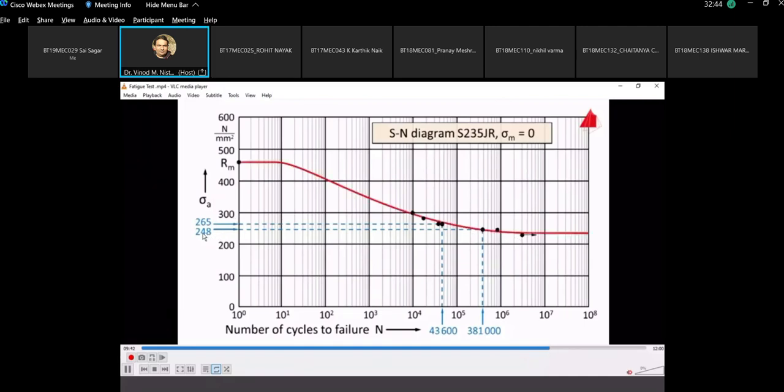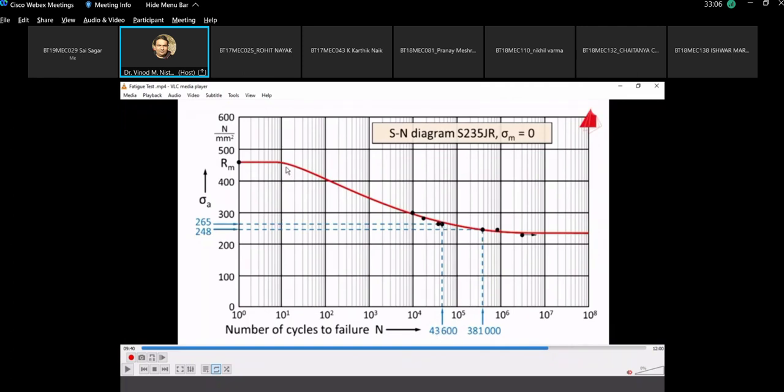If we apply 248 megapascal of stress, then the material will fail after 381,000 cycles. If we apply 265 megapascal stress, then the material will fail after 43,600 cycles.